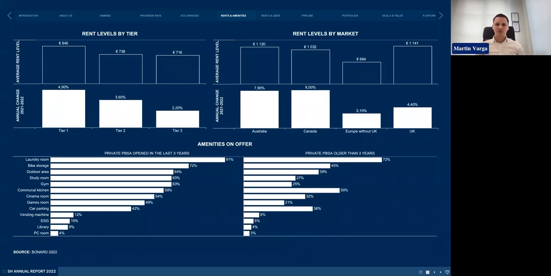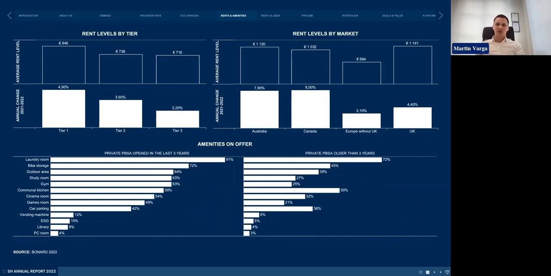As you can see on the graphs, on average, rent levels in tier 1 cities have increased by 4.9%, bringing the average monthly rent of a single studio to 946 euros. Geographically, the highest increases we saw were in Canada and Australia, 8 and 7.9% respectively.